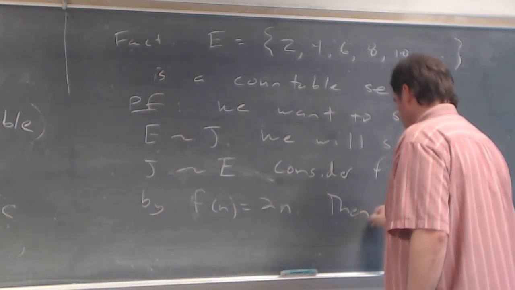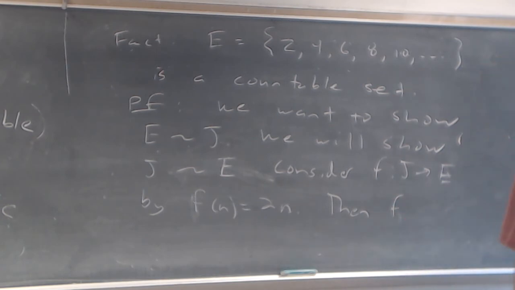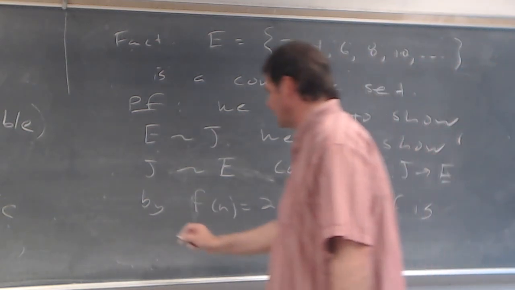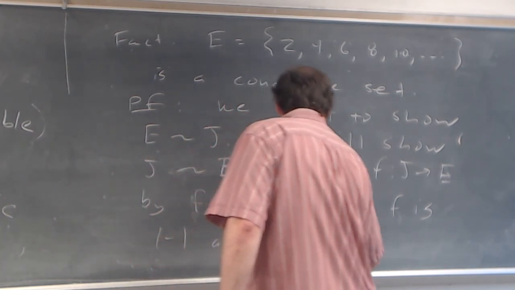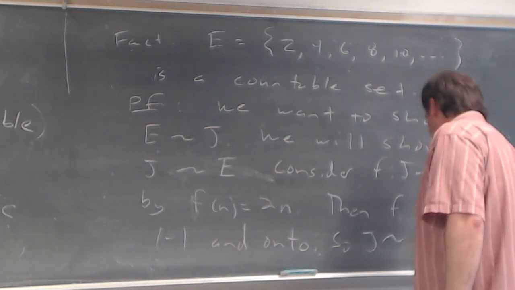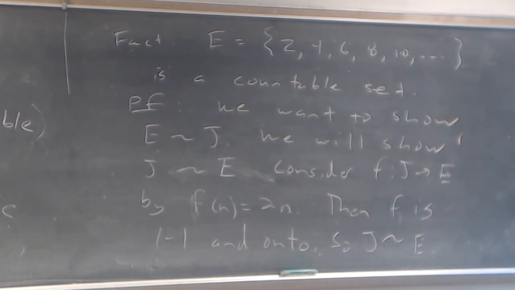Then F is 1 to 1, and F is 1 to 1 and onto. So J is equivalent to E. I'm not going through the details of that. It's easy to see.